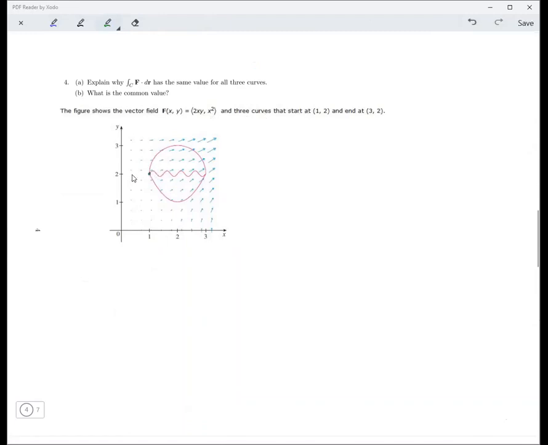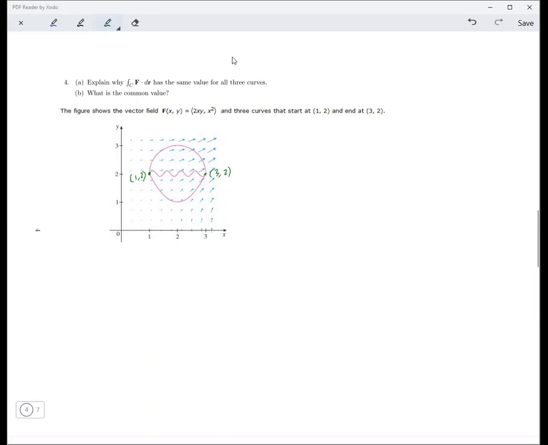So it starts here at 1, 2, and each of these curves goes to 3, 2. So this curve goes this way, this curve goes underneath, this one kind of goes wavy along there. And part A is explain why this integral has the same value for all 3 curves, and what is the common value.